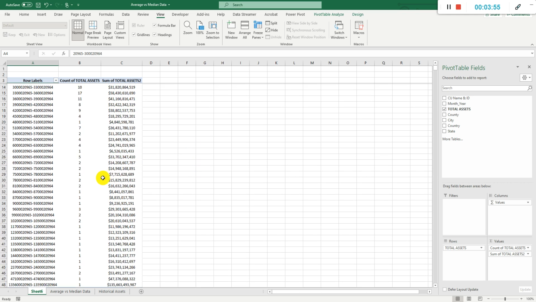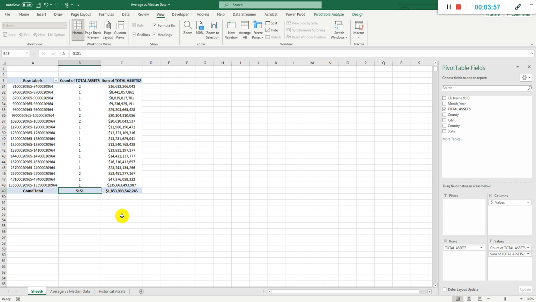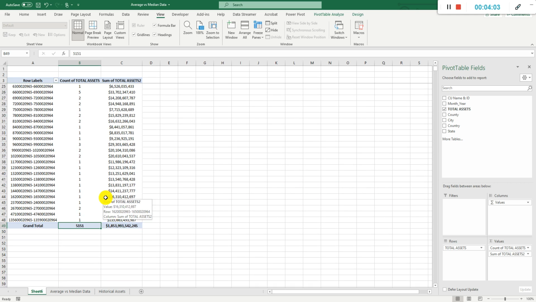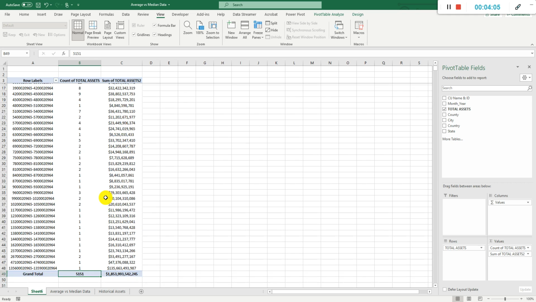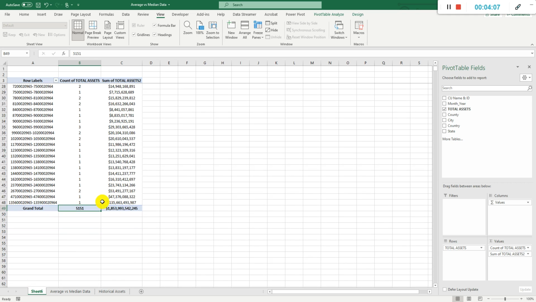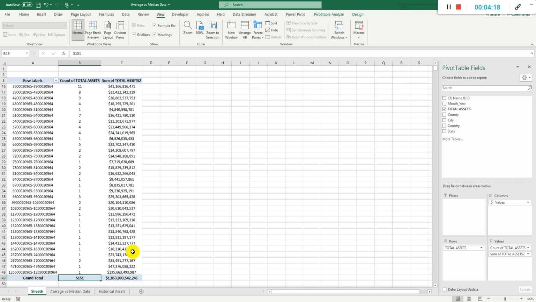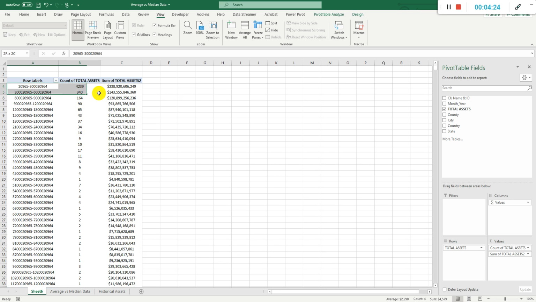So this is the number of total credit unions. If we sort all the credit unions from highest to lowest total assets, the one in the middle is the median. So clearly we know our median is here, in this bucket.